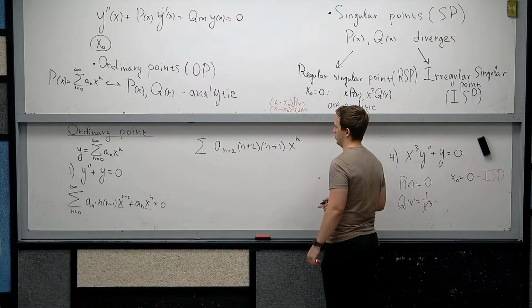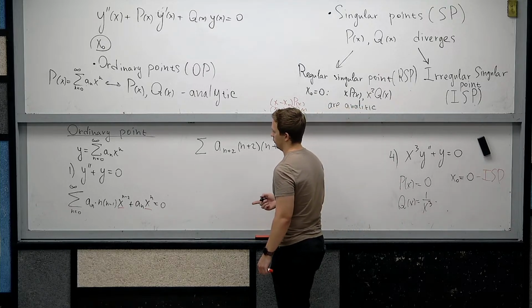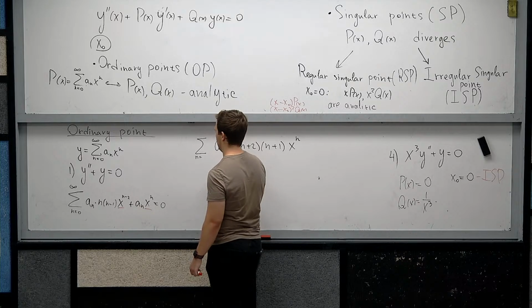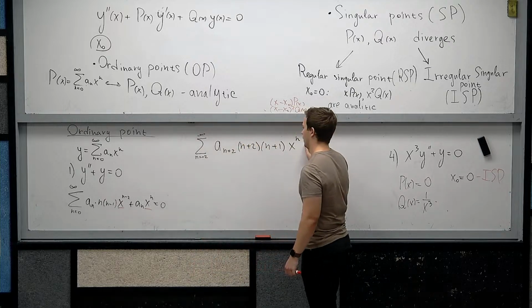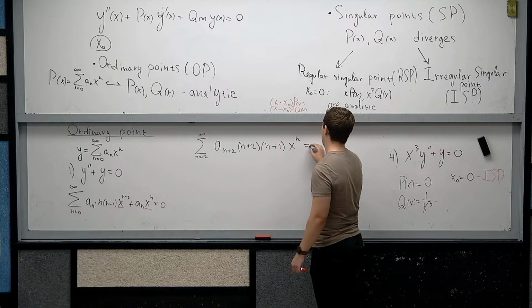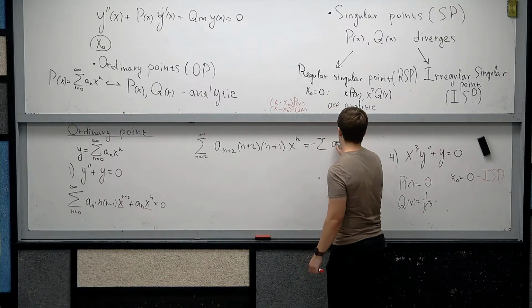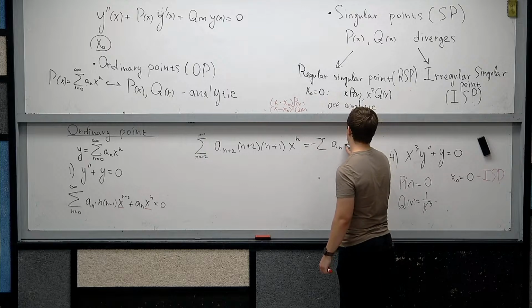So that will be the first series, a n plus 2 times n plus 2 times n plus 1, x to the n, from minus 2 to infinity. And this one, just leave it as it is.